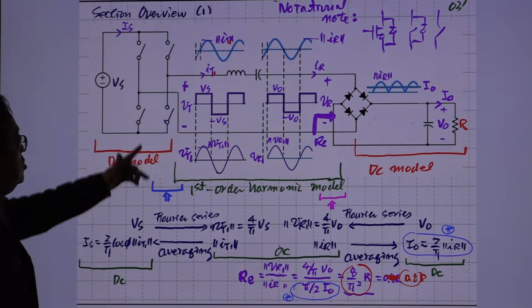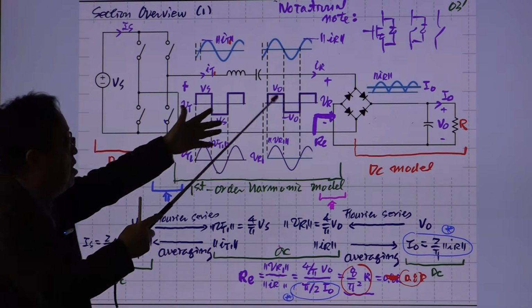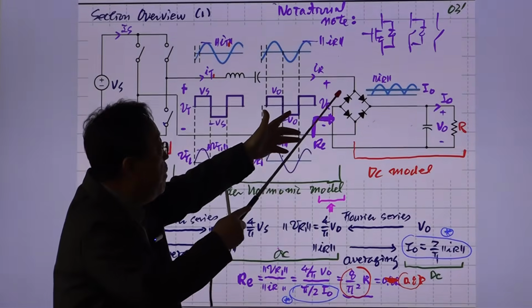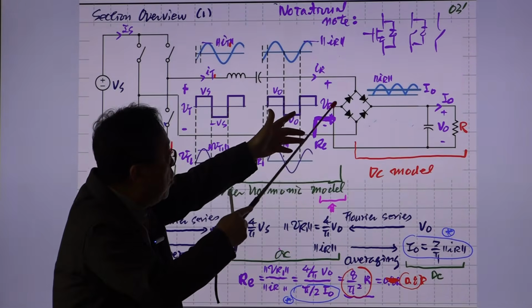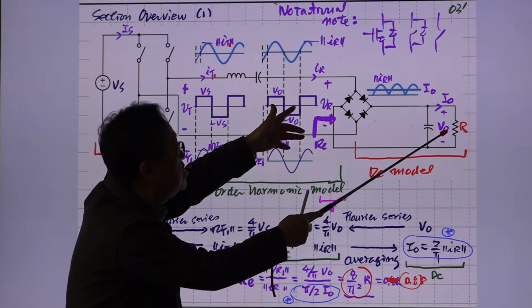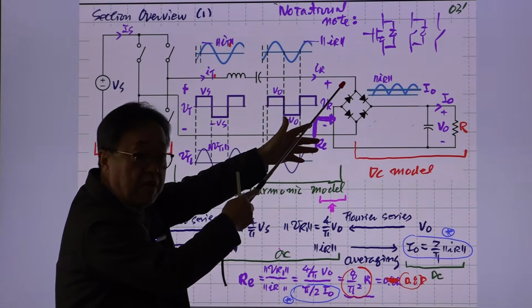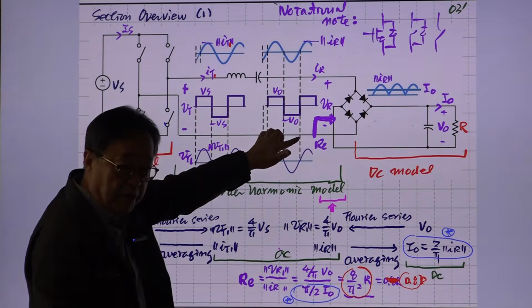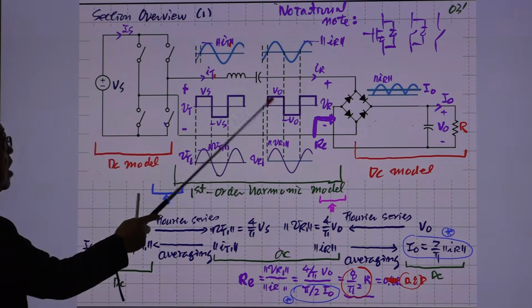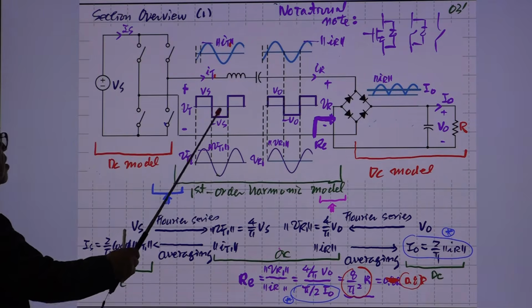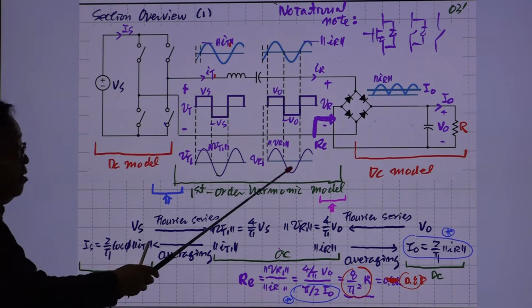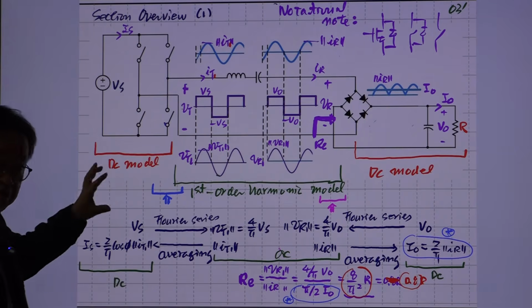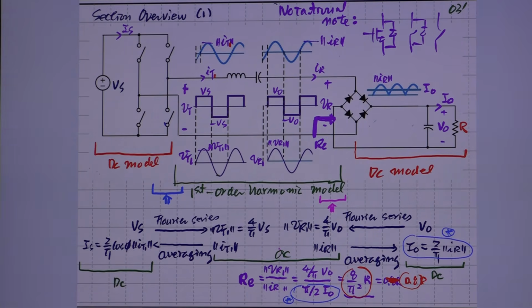The voltage here is a rectangular waveform, and the voltage at the output is also rectangular. With positive current, two diodes are connected, so this voltage is directly applied here. If the other two diodes are conducting, the negative of this voltage appears here. The purple color is the real waveform, and this is just the fundamental component, which you would not actually see. It's just a conceptual description of the fundamental component.